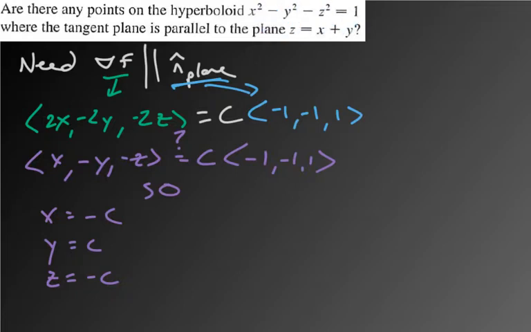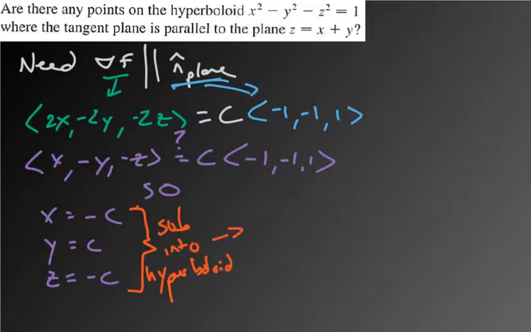So we're going to have to substitute these into the hyperboloid. If we do that, we would get -c squared minus c squared minus -c squared. Those don't cancel.